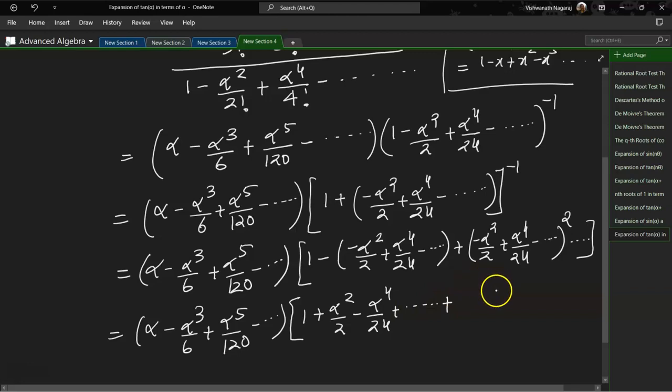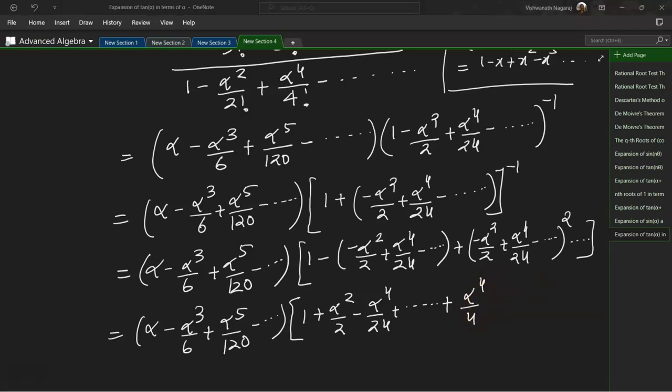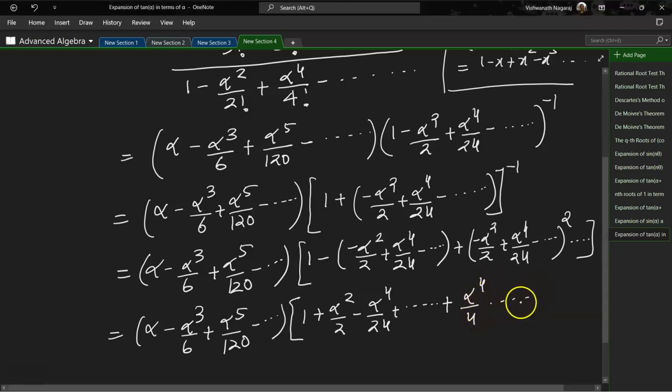Then this part, this is a square, so this will become alpha 4 by 4 and dot dot dot. Now why dot dot dot, why not one more term? Because it is difficult to figure out here. The only thing we are sure of is that the first term will be a square of this.